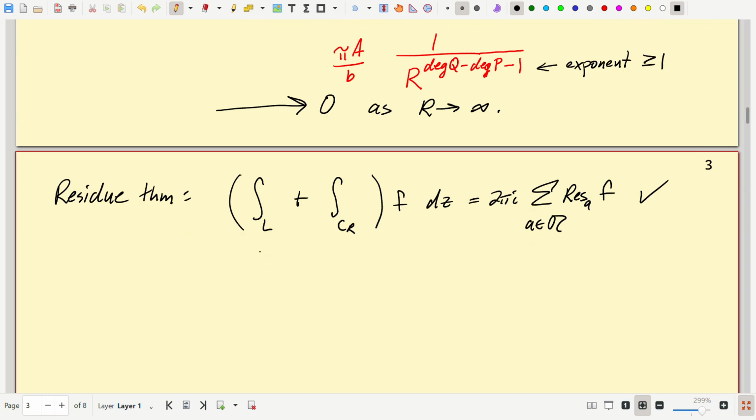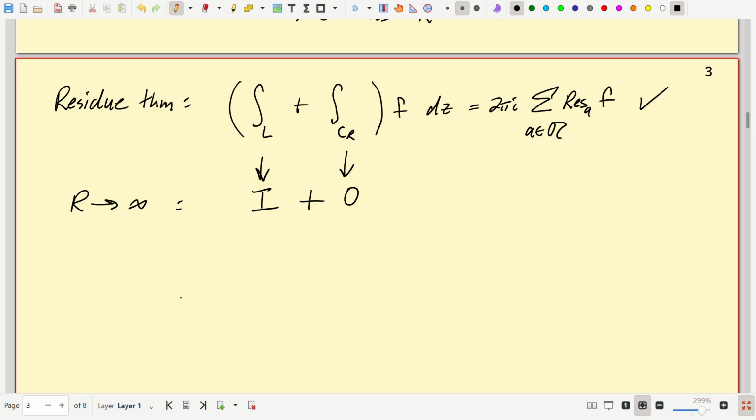And of course this one goes to the integral we want, which I should have called I, and this one goes to 0. So check. So after I write out the residue theorem, then I let r go to infinity. That's how you do it. Question about that?